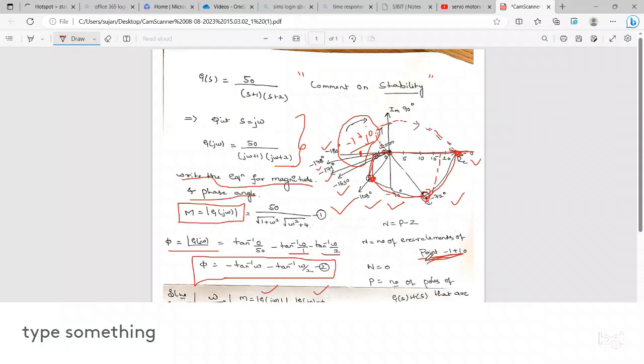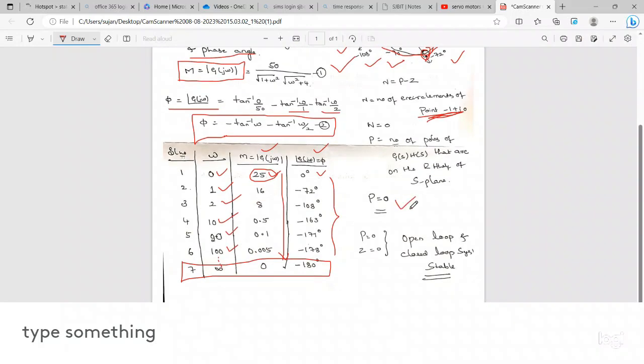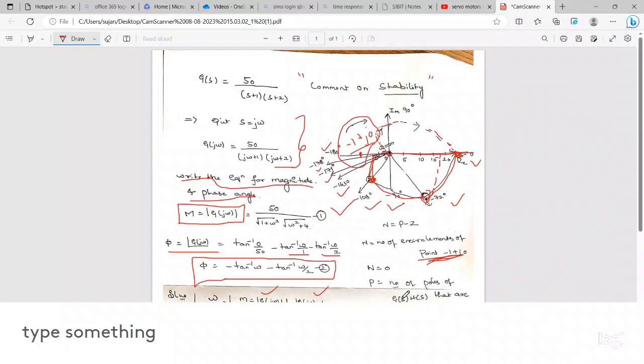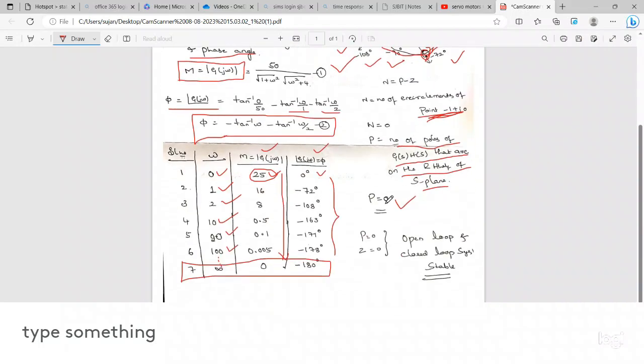If we identify that, you are going to get the value P equal to 0. How did you get P equal to 0? P is the number of poles of G of s into H of s on the right of the s plane, because it is not encircling that minus 1 plus j0. So after that you are going to get P equal to 0, Z equal to 0. If you get these values, the system is under stable condition.